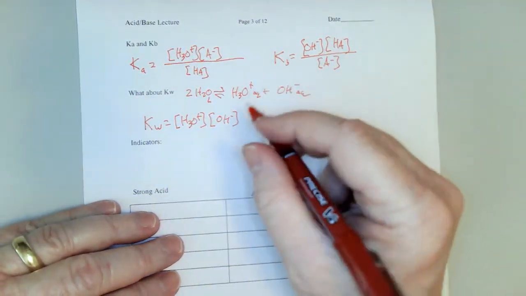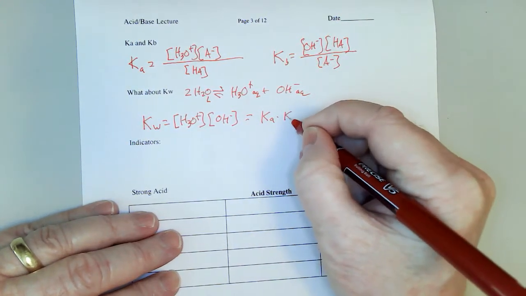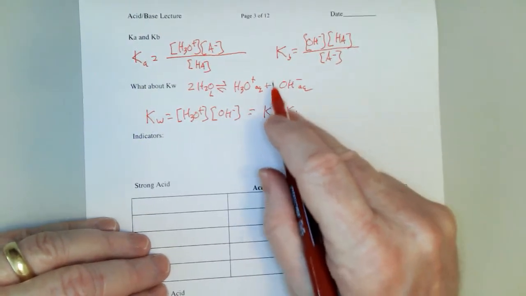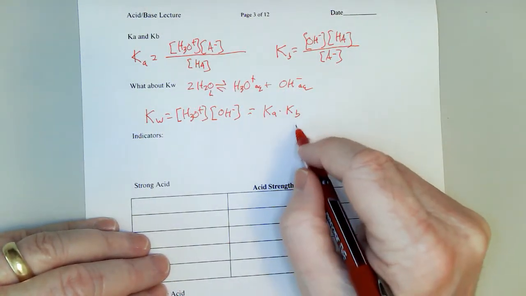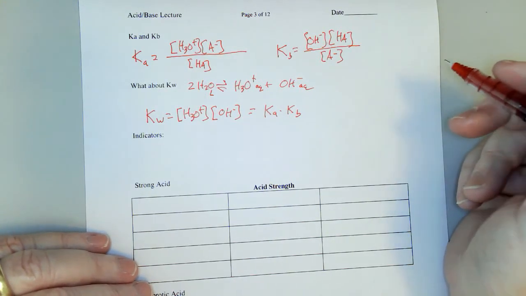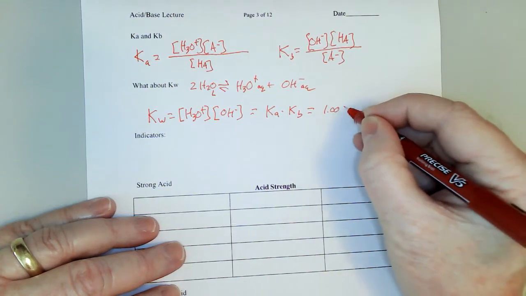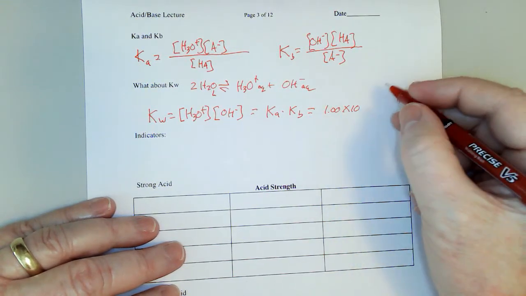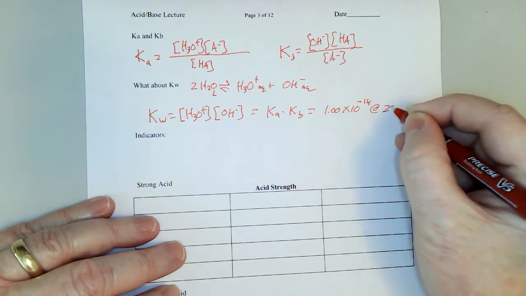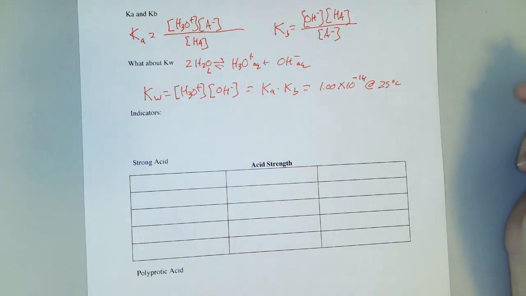And if you look up here, you'll see that that equals Ka times Kb. So as acid strength goes up, base strength goes down for the conjugate. Okay? They're inversely proportional to each other. This is the one Kw where we actually ask you to know the number, 1.00 times 10 to the negative 14 at 25 degrees Celsius. Okay.